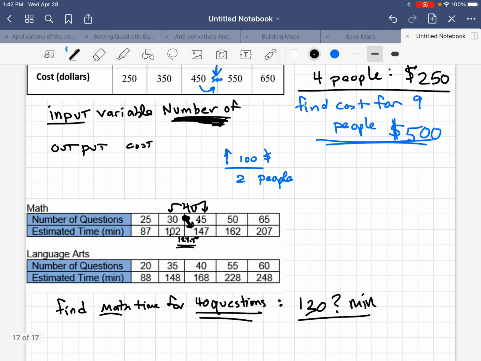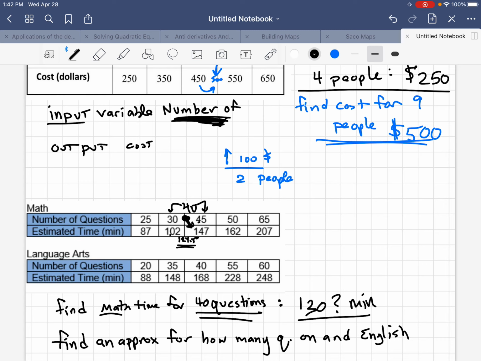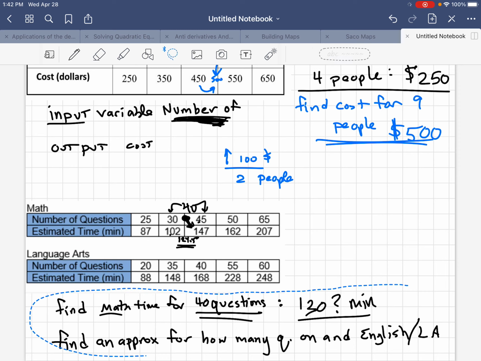Okay, find an approximation for how long or how many questions on an English exam, language arts. Oh boy, no room. Didn't think that through very well, did I?